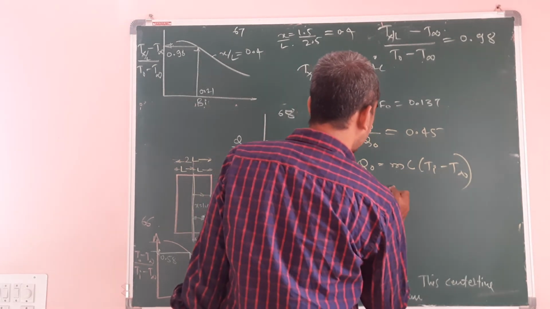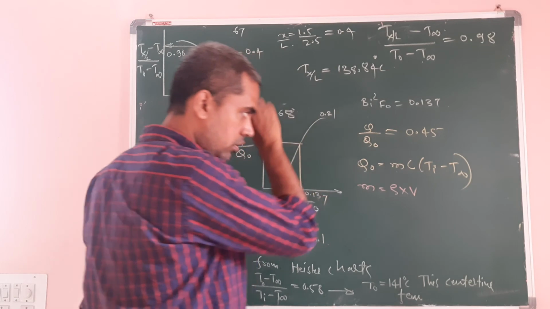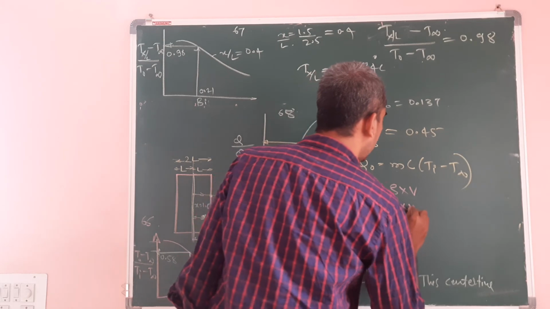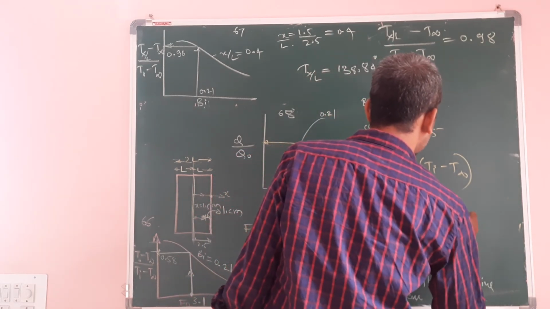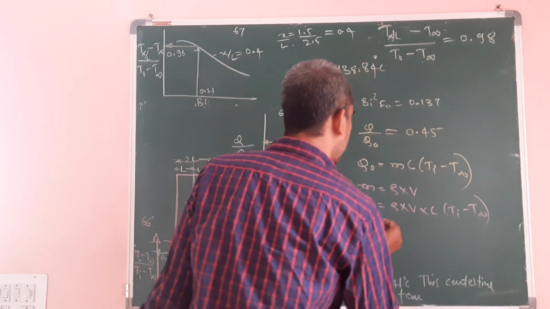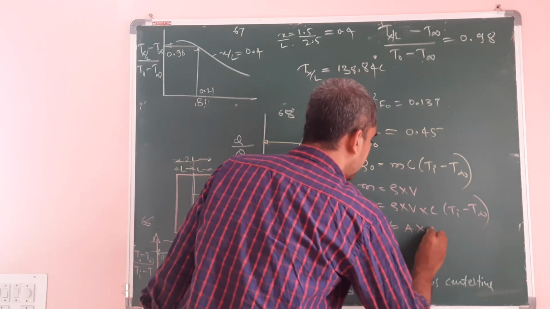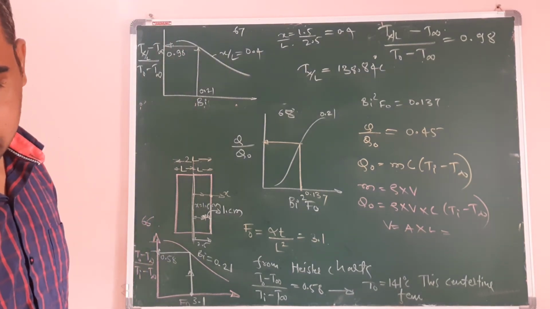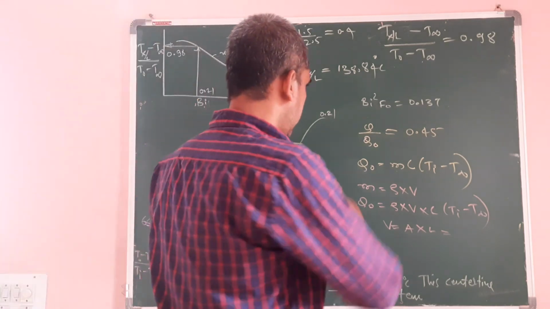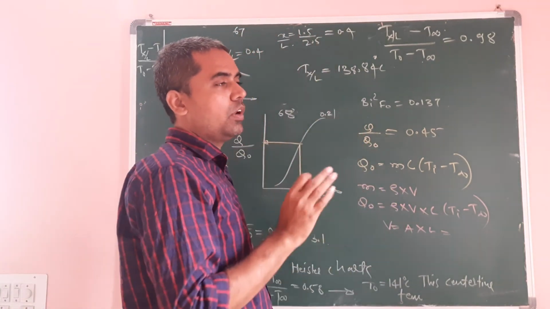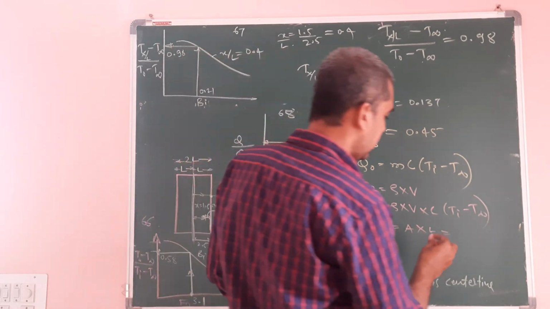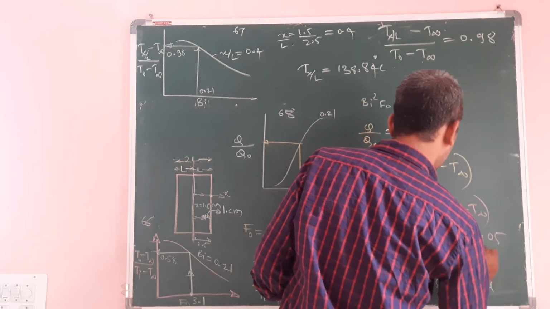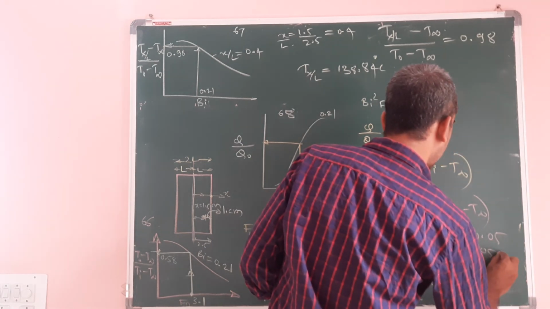Mass is nothing but density into volume. Therefore, Q naught is equal to density into volume into C into (Ti minus T infinity). Volume is nothing but area into length. In the problem they have asked to calculate the energy transfer per meter square, so area is 1. Therefore area into length is 1 into 0.05, and you will get 0.05 meter cube as the volume.